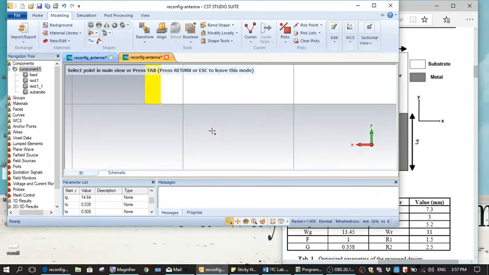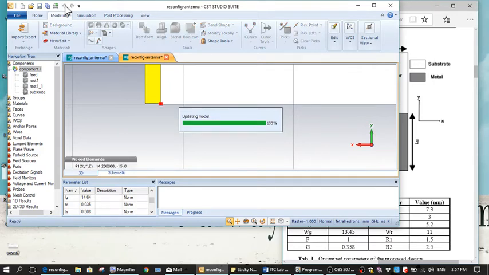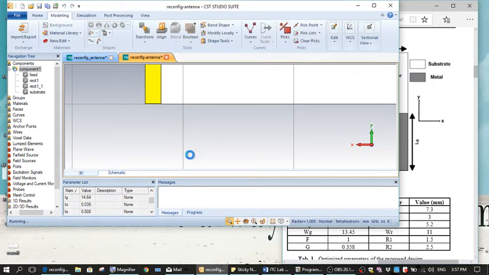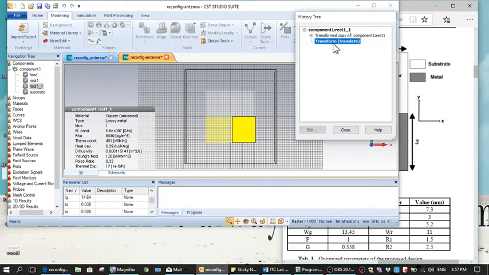Can we mirror the dimensions? Yeah, we can. Press P again, and the distance is 0.52. So it is 0.52 out of the substrate. So what we need to do is subtract 0.52.